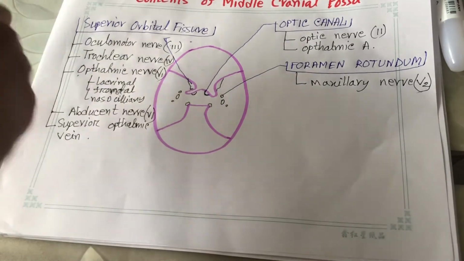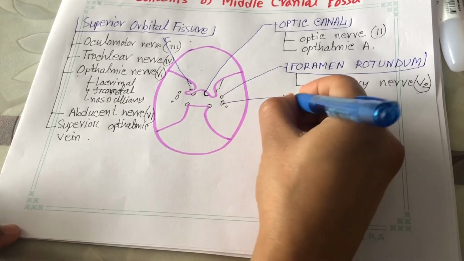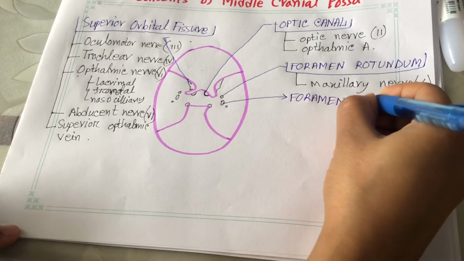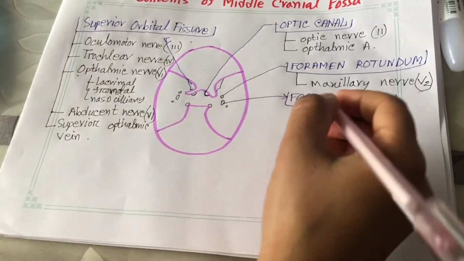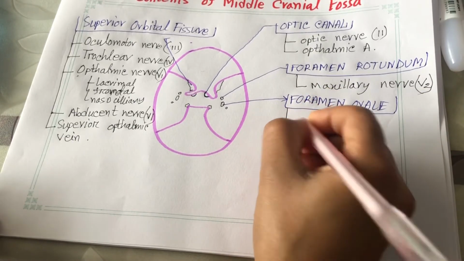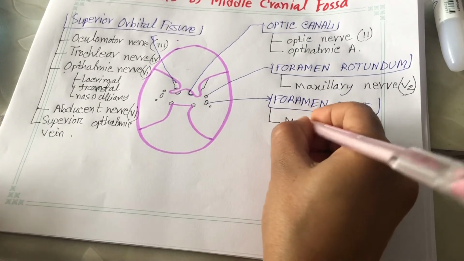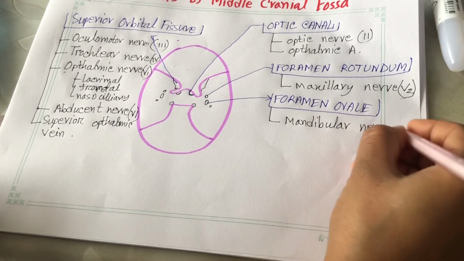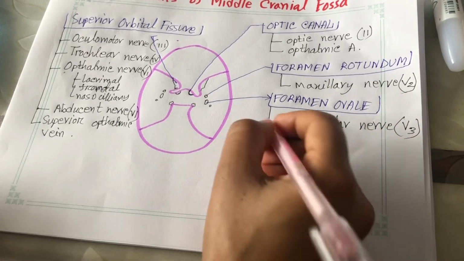So now we will see the foramen ovale. This oval shaped foramen is foramen ovale. Three structures pass through this foramen: mandibular nerve, or V3, the third branch of trigeminal nerve.